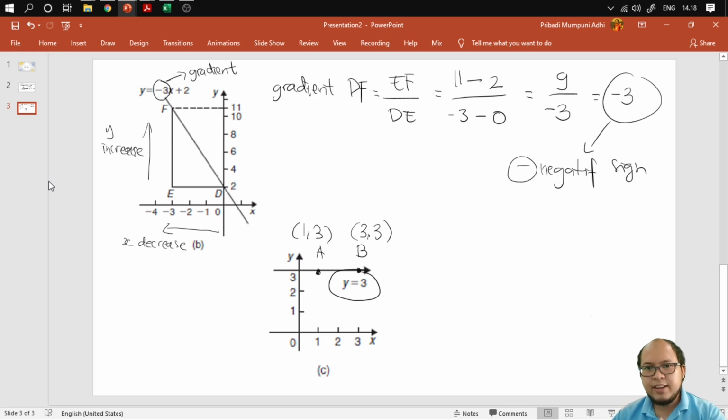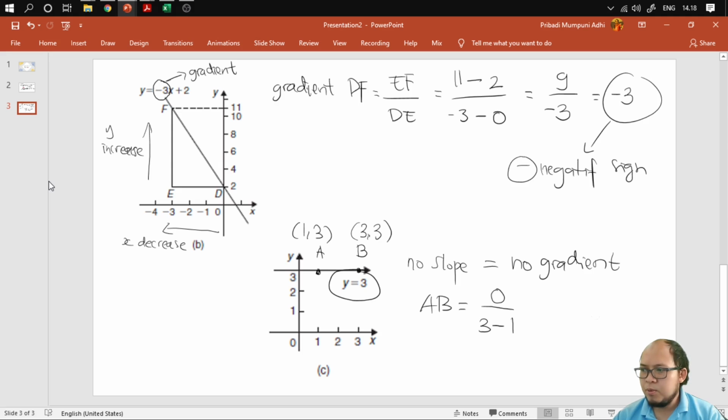So we have the straight line like this. This is a horizontal line, but there's no slope. Therefore, no slope means no gradient, because the gradient will be equal to 0. So we can see that for AB, there's no change in the y. So the y will be 0 over 3 minus 1. So this one will be equal to 0. So the gradient is equal to 0.